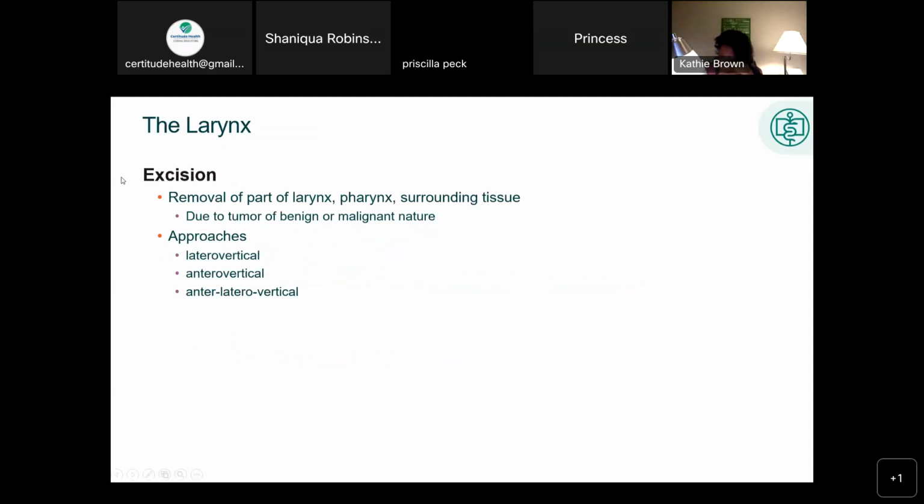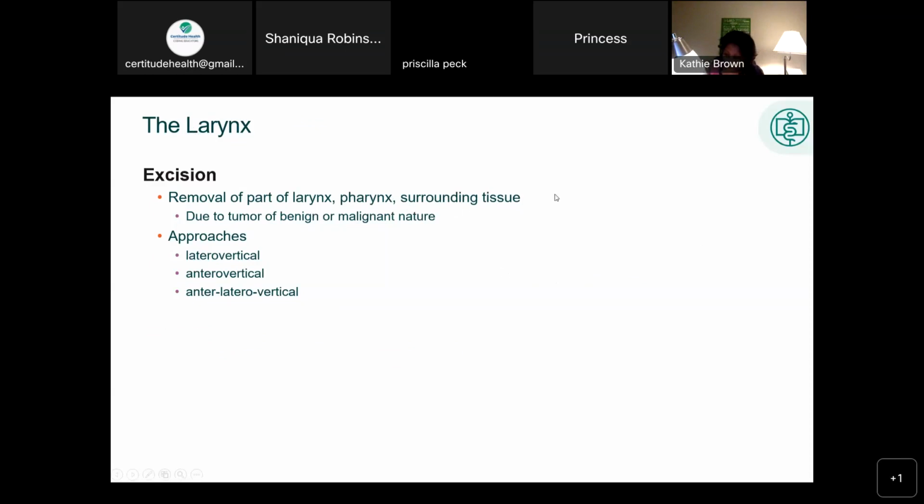So anyway, the larynx. We're going into different organ systems. I'm on page 224. The larynx is your voice box, and your pharynx is your throat.